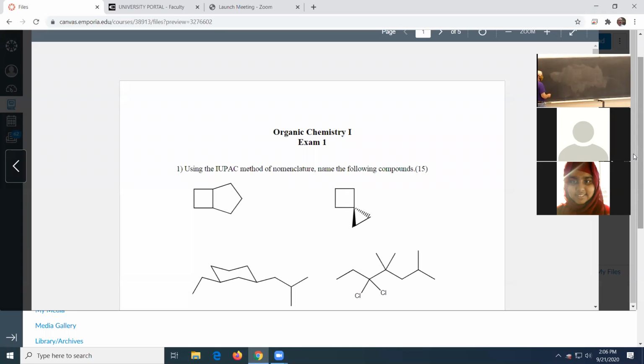Okay, so the first one is this bicyclic compound. This is named as bicyclo, square bracket, and 3 in this bridge, there's 2 in this bridge, and then there's 0 in this bridge.